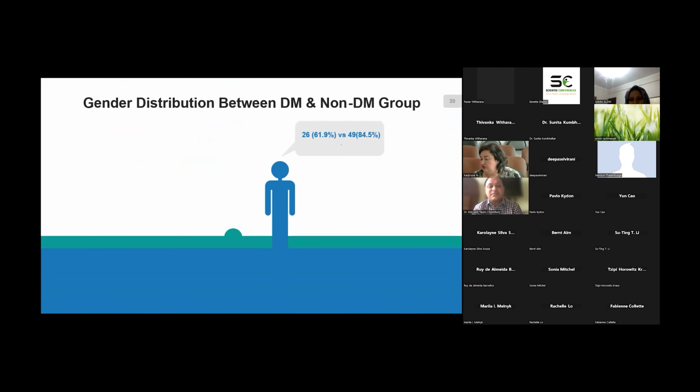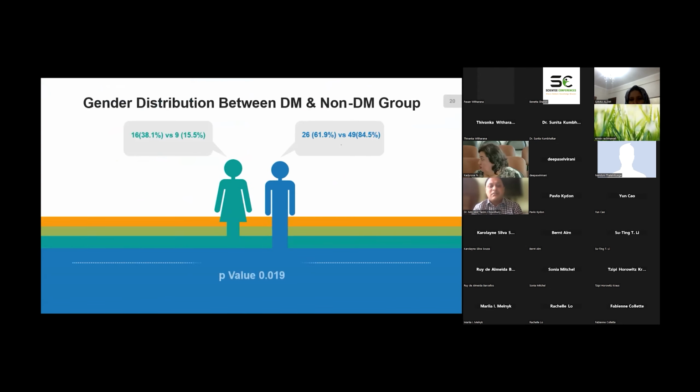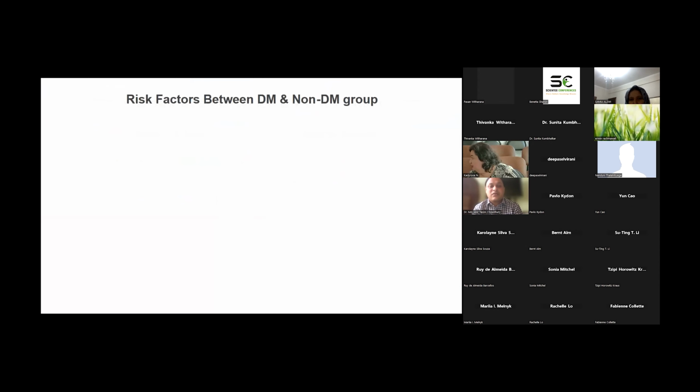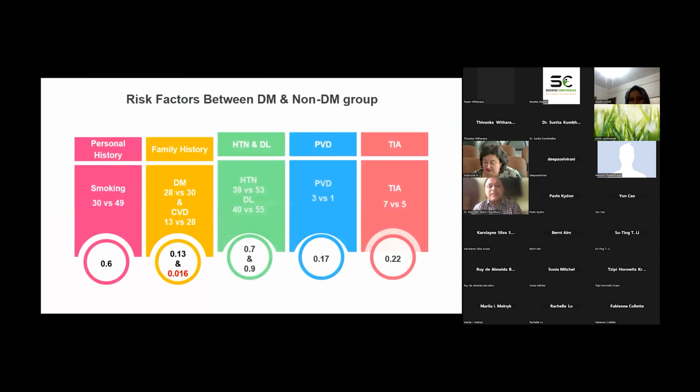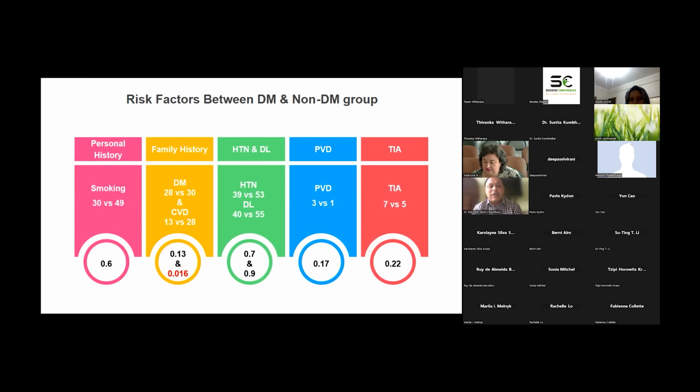Regarding the gender distribution, the majority were male, and it was found statistically significant between these two groups. We also analyzed the risk factors of the patients. These are the risk factors that we analyzed between these two groups. Among them, the family history of cerebrovascular disease was found significant, that is 0.016.